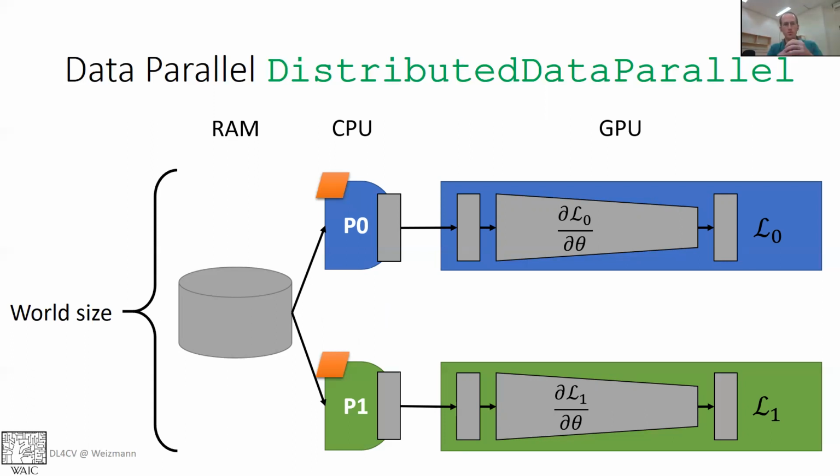In our case, our world size is 2 because we have 2 GPUs and 2 copies of the program running. And each copy has its own rank. So we have rank 0 running on the first CPU and rank 1 running on the second CPU. Rank 0 is usually treated as the master, where the synchronization happens, and this rank 0 program basically governs the optimization process, the parallel processing of the data.